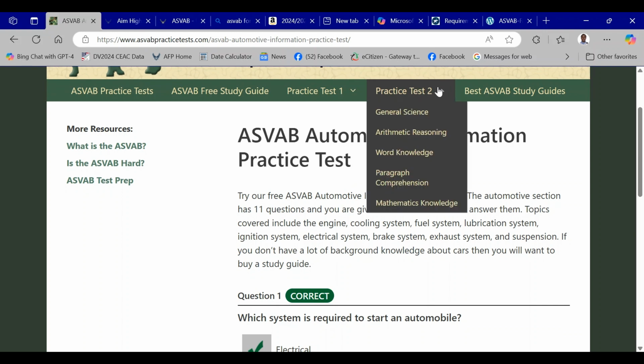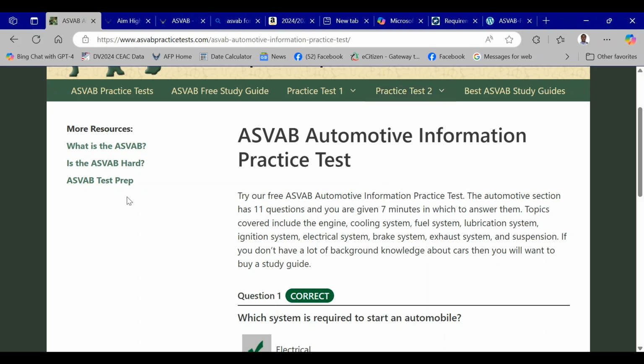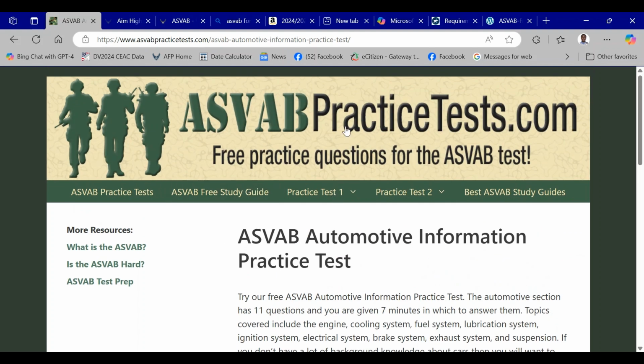You can also go to the next one, practice test 2, and so forth. Okay. Somebody may ask, can I get a book having all this? Yes, it's possible. If you go to Amazon, just search for ASVAB for Dummies.